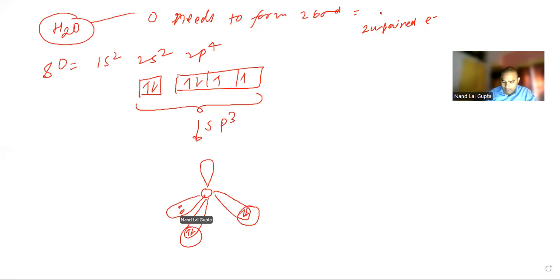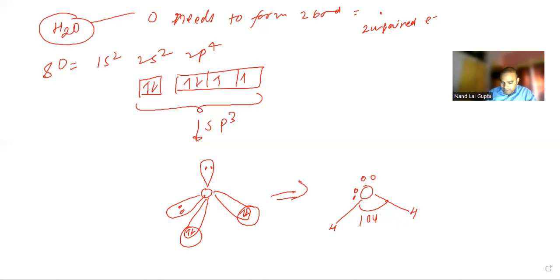Here are the lone pair electrons. If you are drawing the same oxygen, here is a lone pair, here is a lone pair, this is a bond and this is a bond, and the angle is 104.5 degrees. This is the concept.